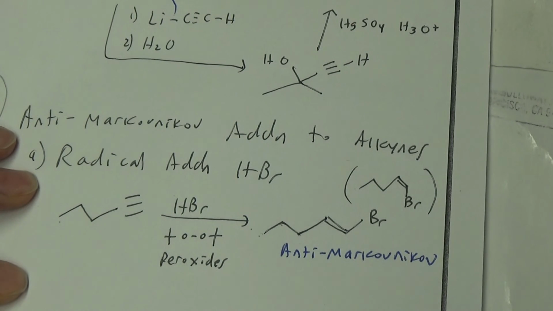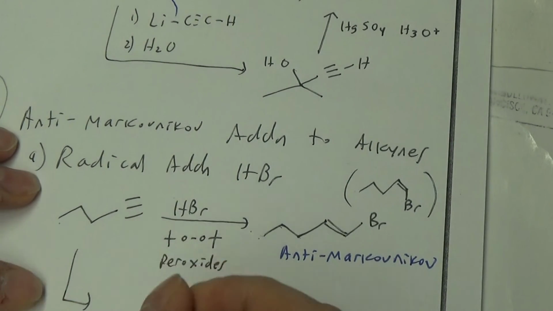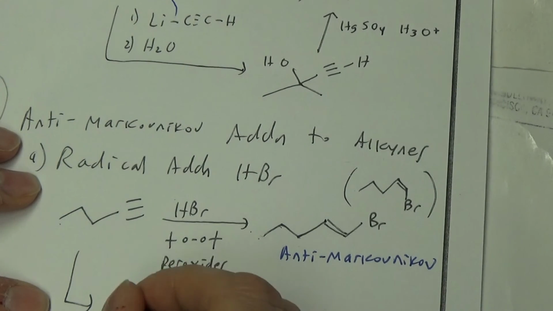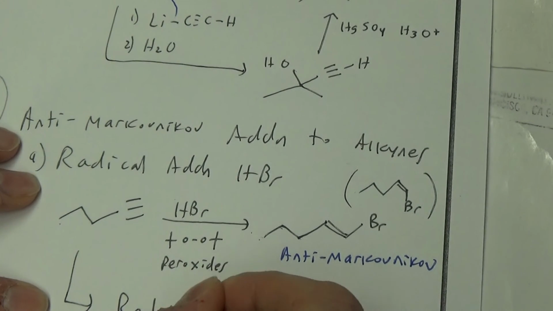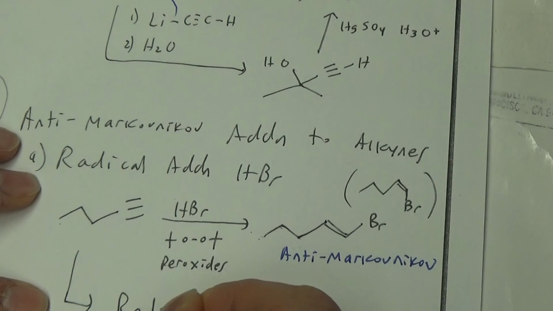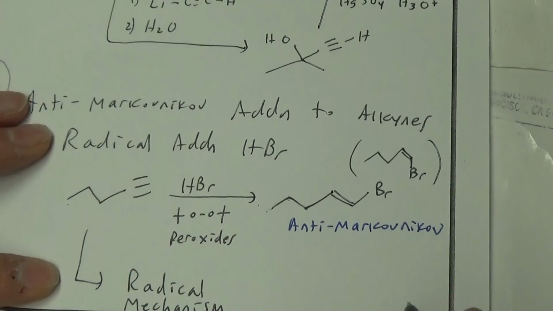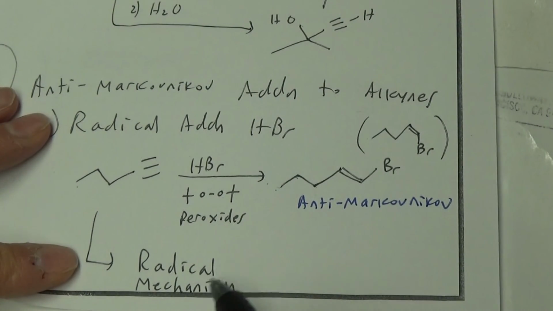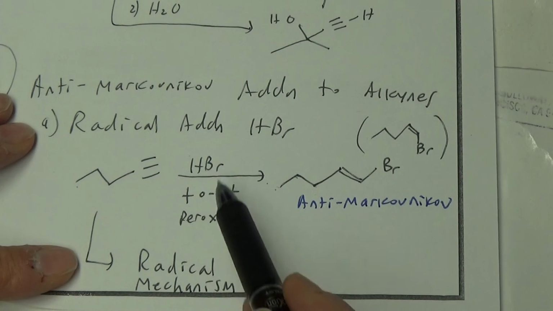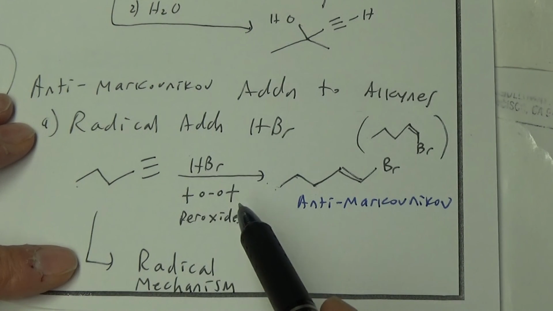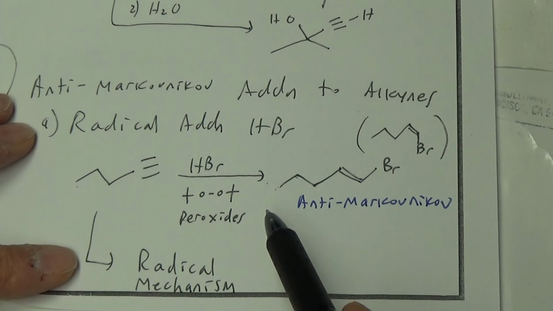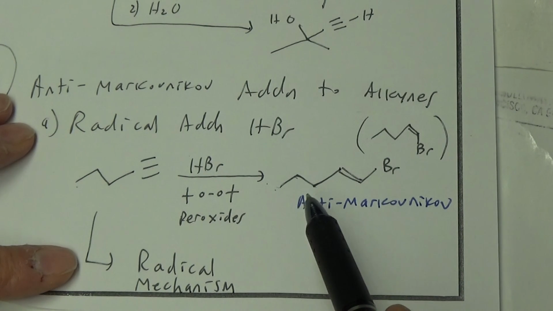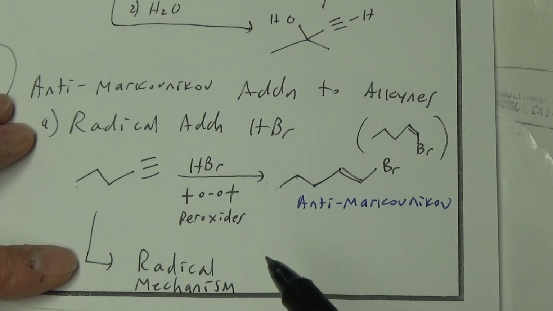The mechanism we'll do next time. It's a radical mechanism. If you remember the radical mechanism for alkenes, the same reaction occurs for alkenes to do anti-Markovnikov hydrobromination, it's the same exact mechanism.